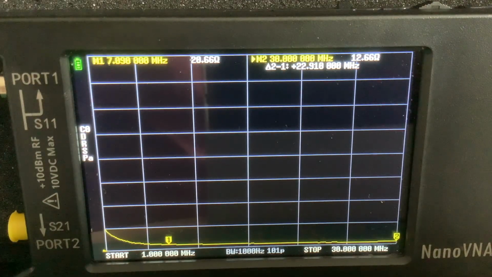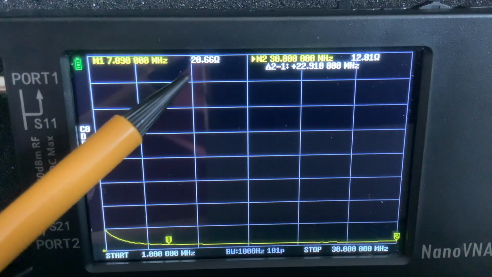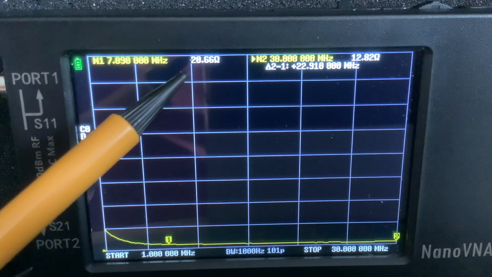So you are looking at that same sweep, 1 to 30 megahertz, markers in the same place as before, and you're looking at the resistance. But look now, look where the actual resistive part of the input impedance is now, 20.6. So it's dropped right down.